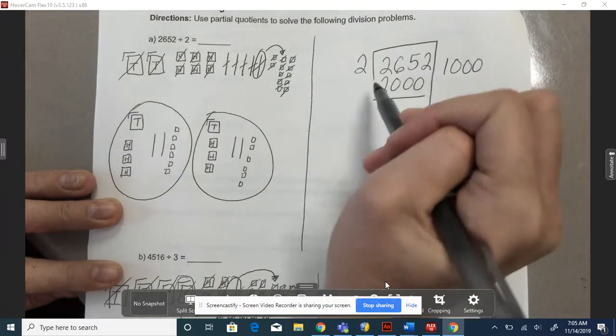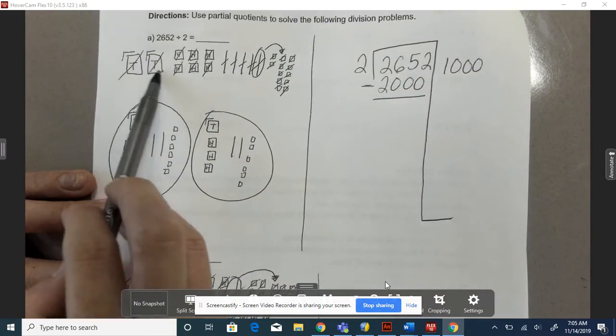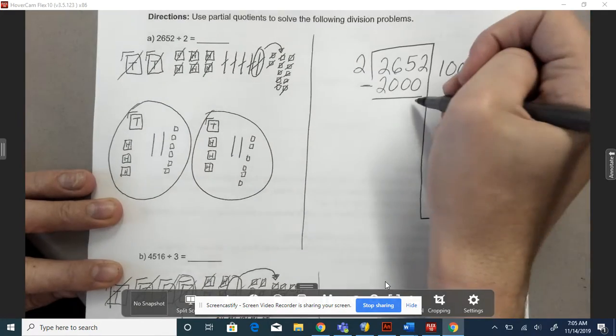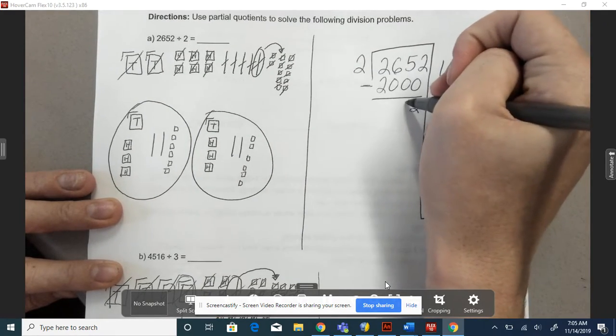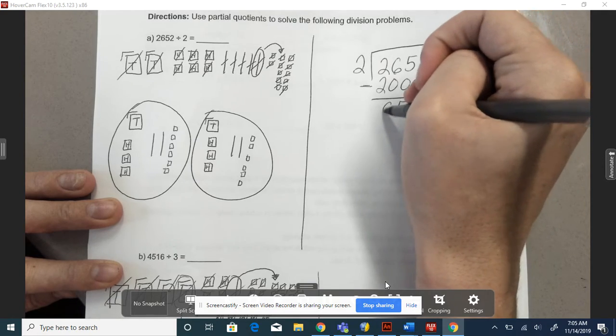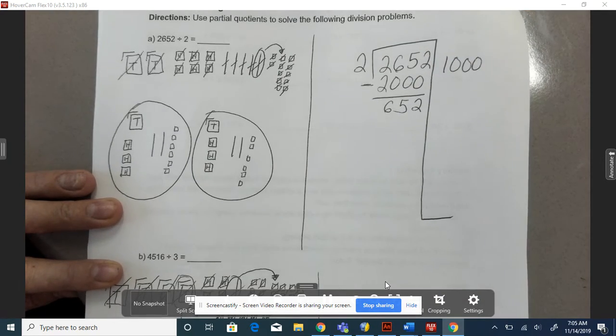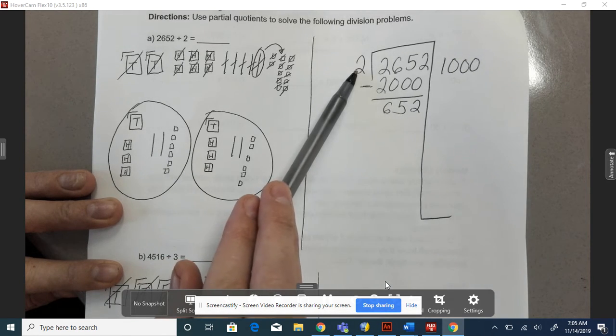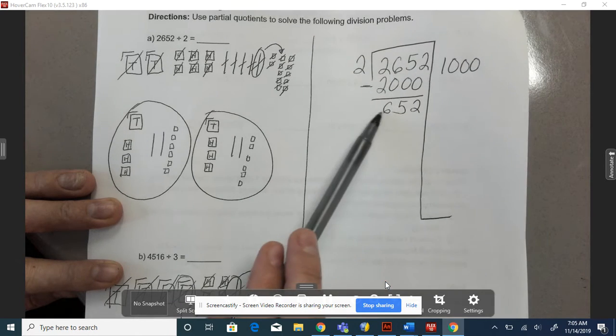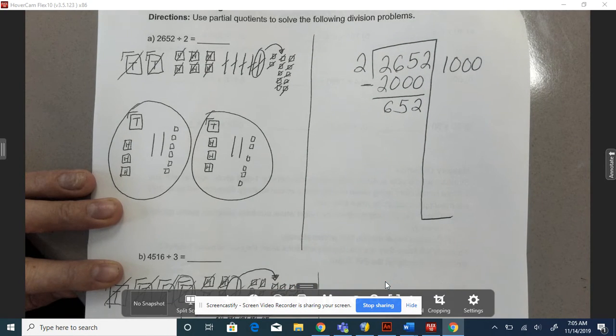So now I'm going to subtract, just like I did when I crossed out. 2 minus 0 is 2, 5 minus 0 is 5, 6 minus 0 is 6. So I have 652 left over. Well, now let's do the hundreds. I'm thinking I have 2 groups. How many can I put into each group to get close to 652 without going over?